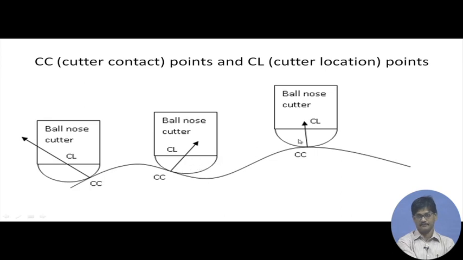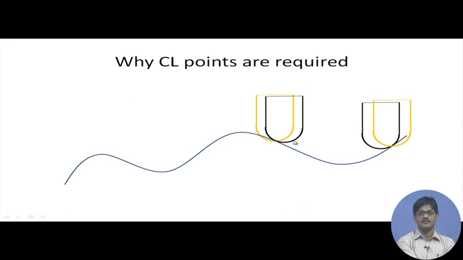No, this is an example. Say this is one cutter contact point, this is another. If I ask you to find out the corresponding tool positions, the yellow positions mark where I have arbitrarily put the bottommost point of the tool through these points.